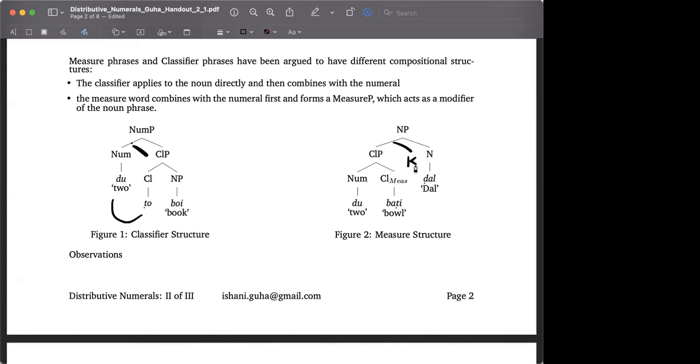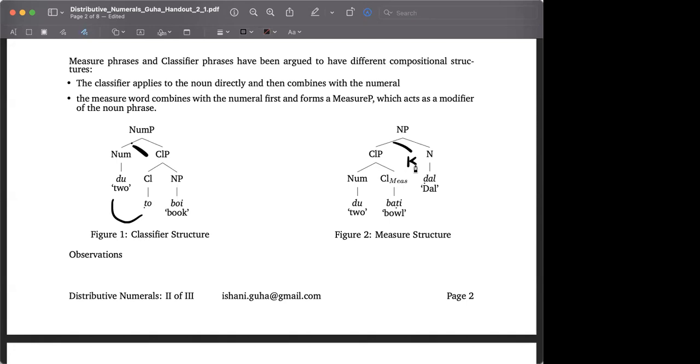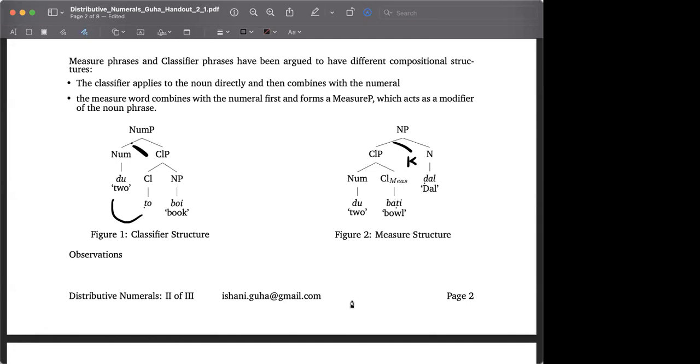You are saying that a numeral quantifier selects. Yes. So there is this debate, right? Whether the classifier selects the numeral or the noun, or the noun selects for the classifier. Yeah. So I think your intuition here, your and Parama's intuition and measure structure should take us back there.